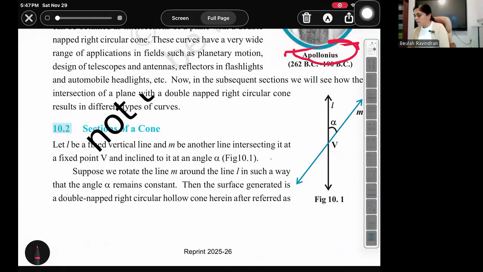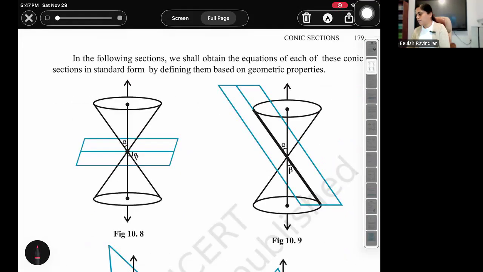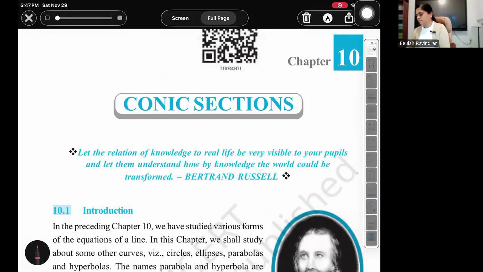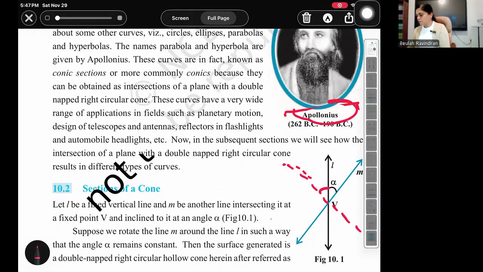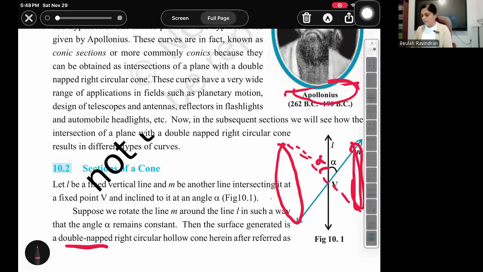If the line is rotating like this, from here to here, it follows a right circular shape. We can say it is a double napped right circular hollow cone. One cone is here, another cone is here.